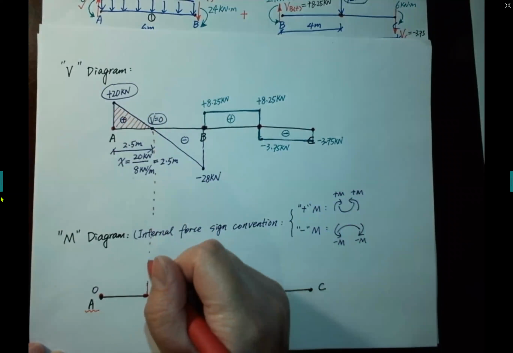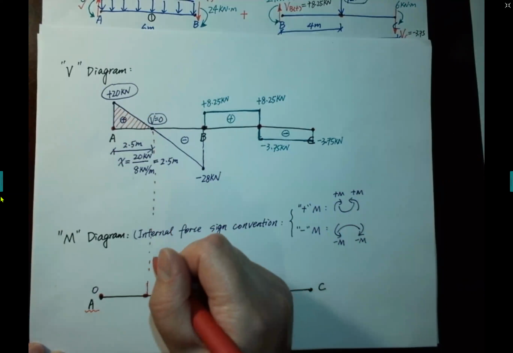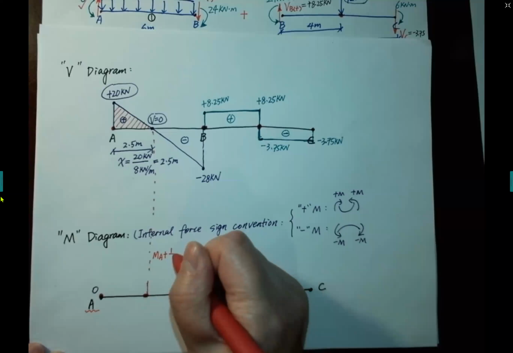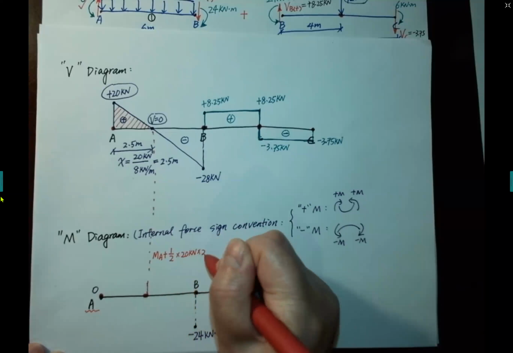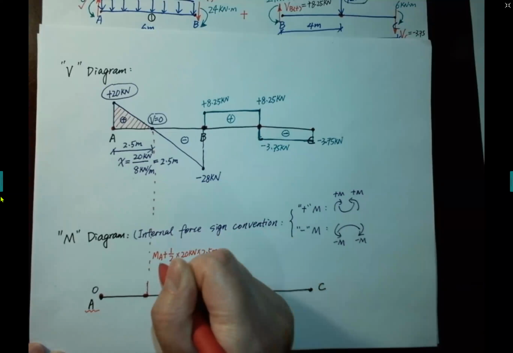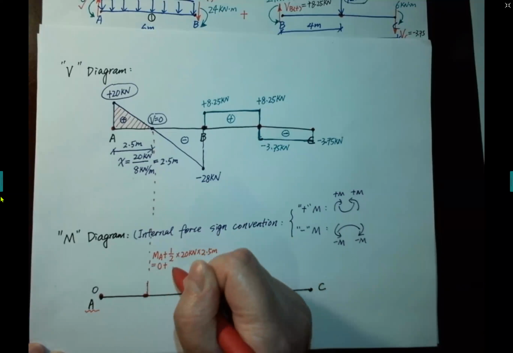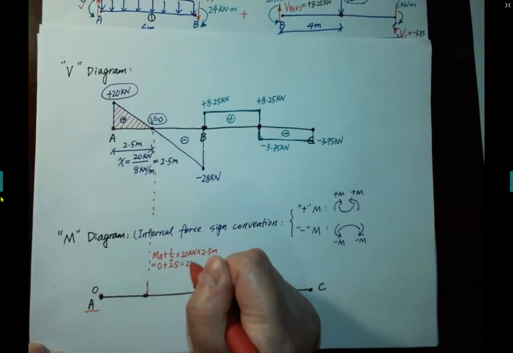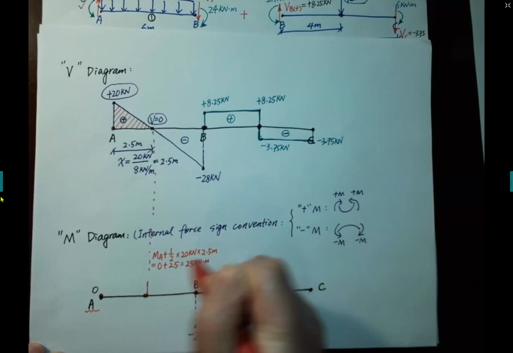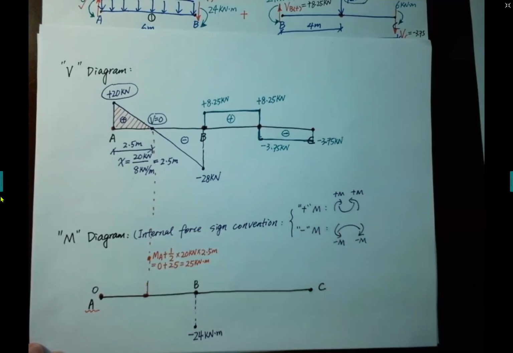So the maximum equals MA plus 1/2 times 20 kilonewton times 2.5 meter, equals 0 plus 25, and equals 25 kilonewton meter. Here.